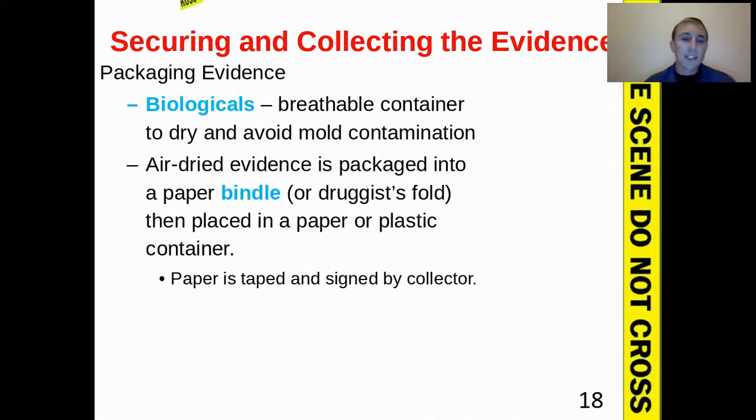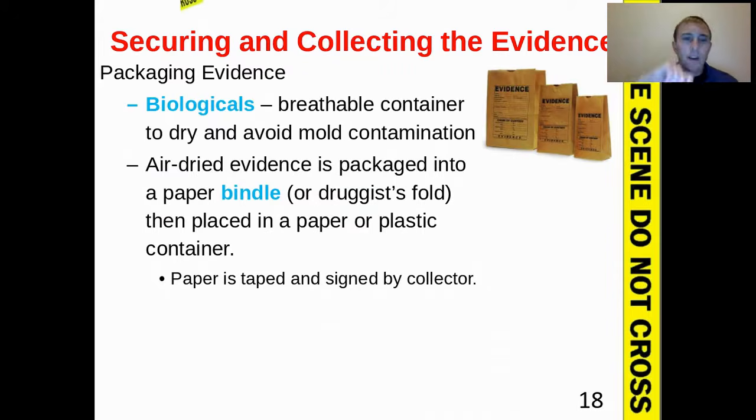Okay. Now, the biggest and most important piece of collecting evidence, put a big star by this in your notes. If it's anything biological, blood, semen, skin cells, it needs to be stored in a breathable paper container. So I'm going to say that again.